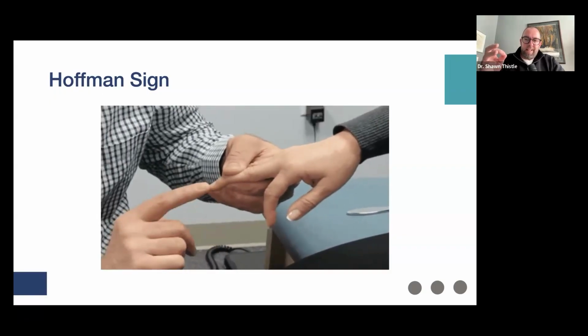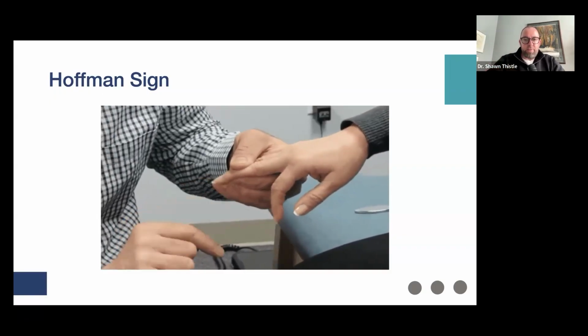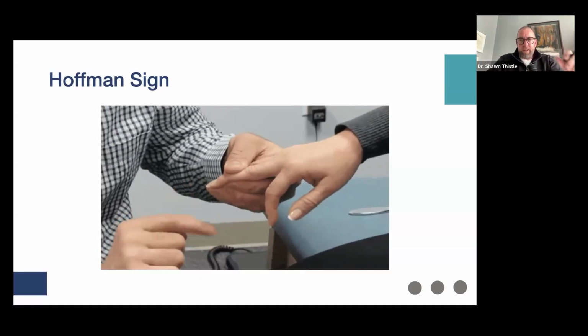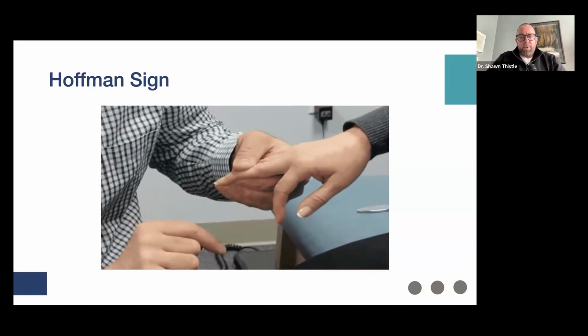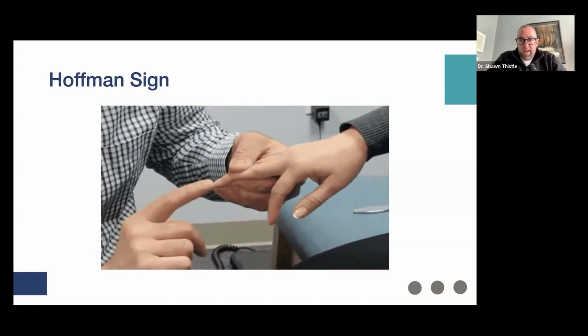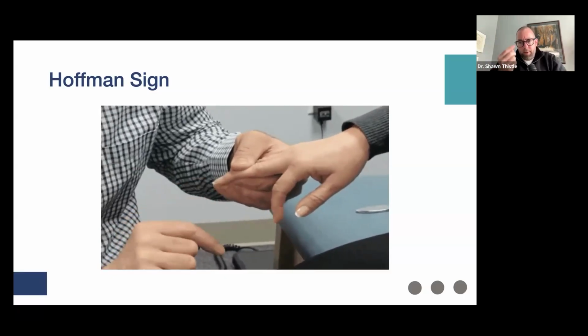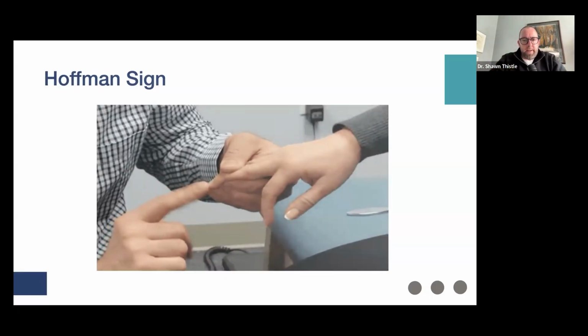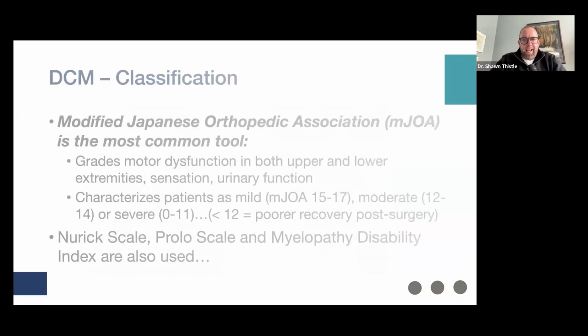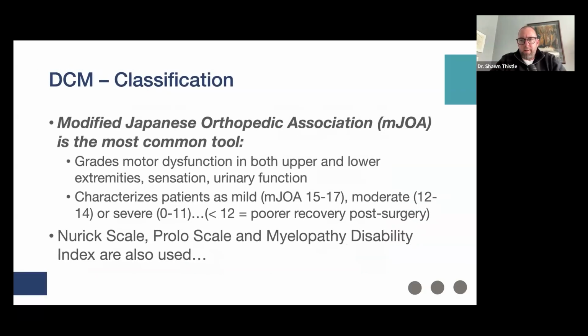If you do it to the index finger, you may not see the rest of the fingers flex, but you can do this to any finger. If I found a positive one, I would test it on every finger. And in my experience, you'll see that it does it no matter what finger you do it to. And the Tromner is just doing it on the other side. So you're looking for, again, an inappropriate overreaction from the nervous system to a general input that it shouldn't react poorly to.